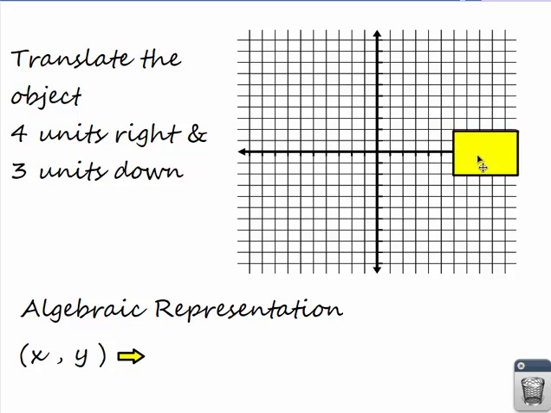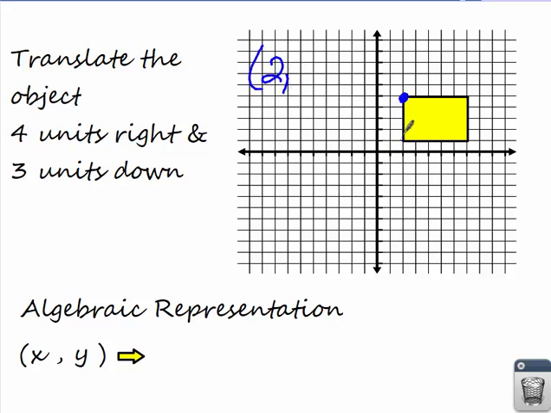1, 2, 3. Now let me put it back in its original location, right here. Now I want us to focus on a particular point. So let's take a look at this point right here. Well, what is that coordinate? That coordinate is at 2, and then 1, 2, 3, 4, 5. So (2, 5) was the original point that we have.